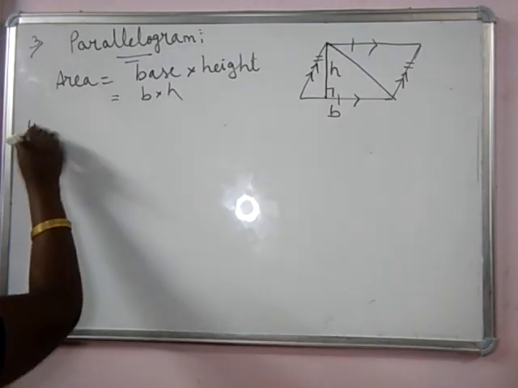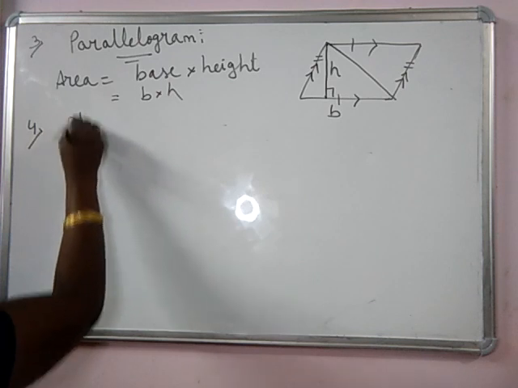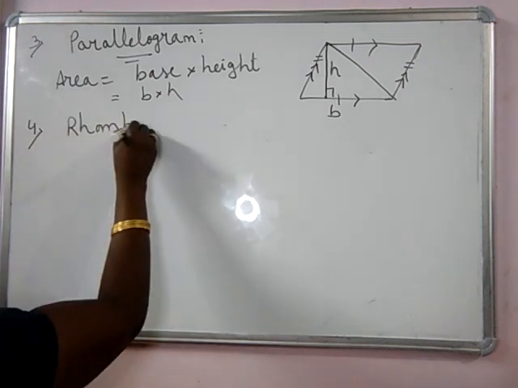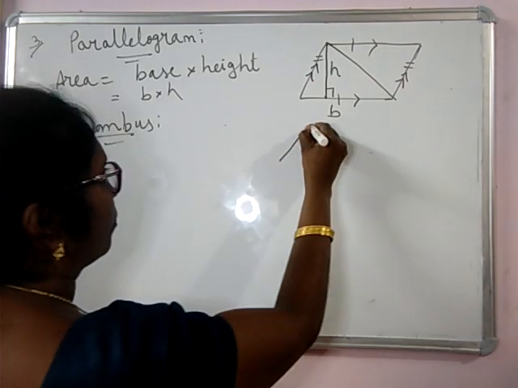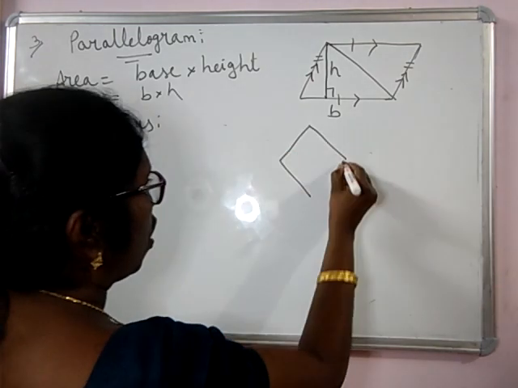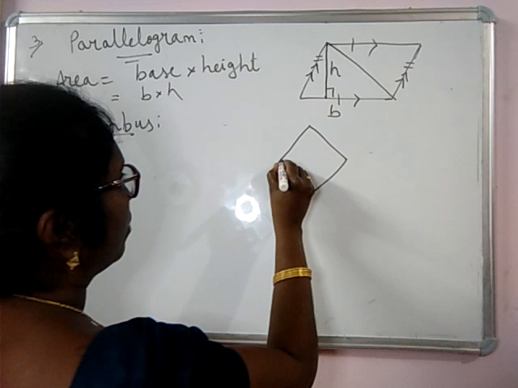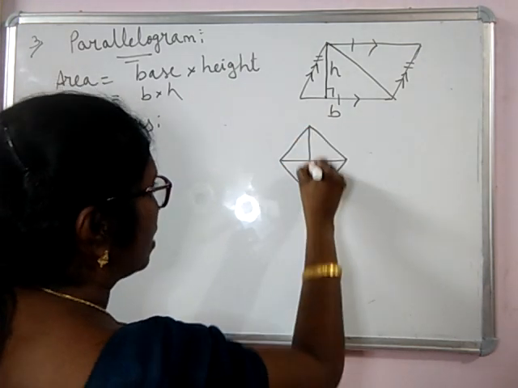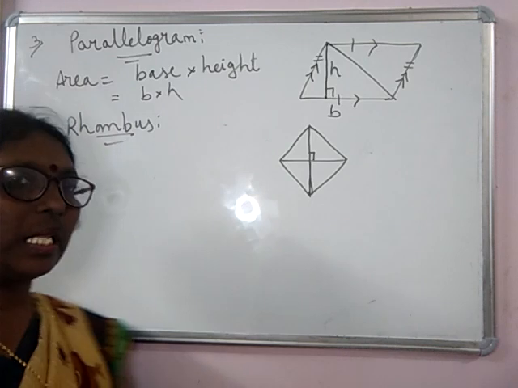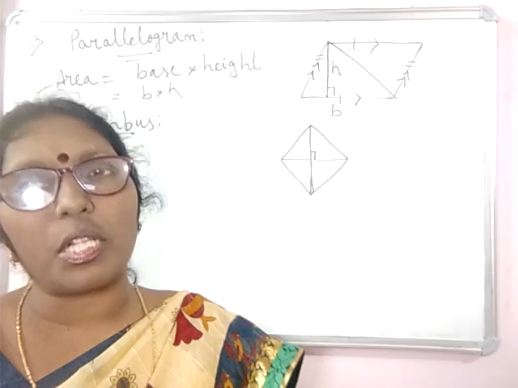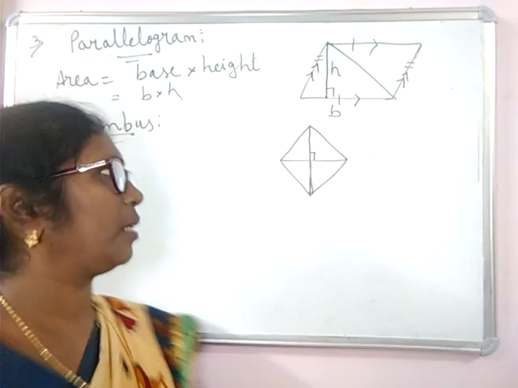And your fourth kind of special quadrilateral is rhombus. A rhombus is a quadrilateral in which all the sides are equal, and here the diagonals are perpendicular to each other. They bisect each other and also they are perpendicular to each other.